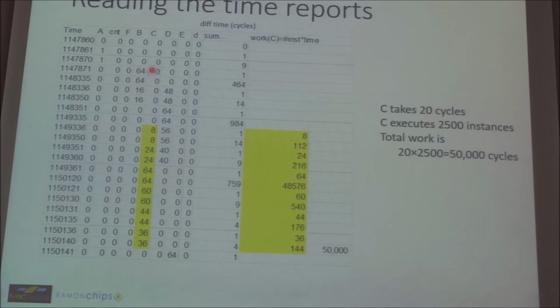B were executing on 64, and then 16 were left to run during 15 units of time, 14 plus 1, and at the same time I could already start 48 units of D, and then once B is completely exhausted, D goes up to using all 64. And then C. So C starts here with 8, and then 24, and then 64, and then 60, and then 44, and then 36.